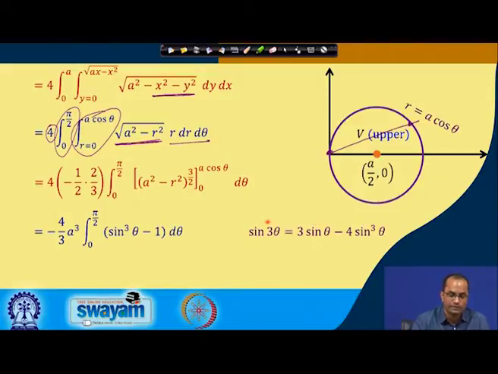We can integrate sin theta, we can also integrate sin 3 theta. After this evaluation of the single integral we will get 2 by 3 a cube times pi minus 4 by 3.